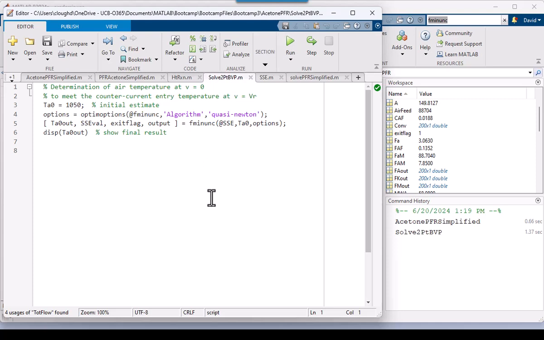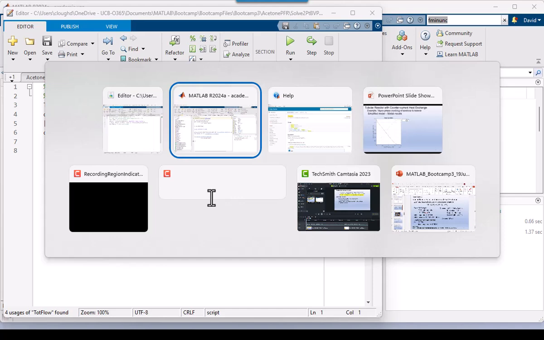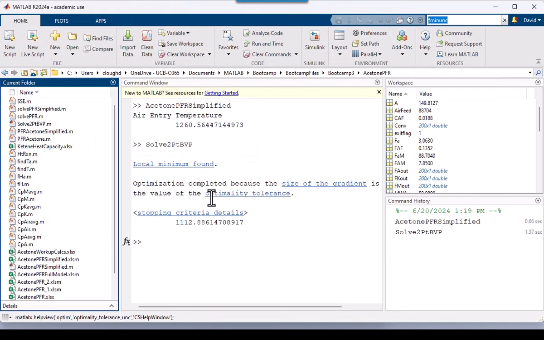And what we see here is it gives us a temperature of 1,112, roughly 0.9. All right.